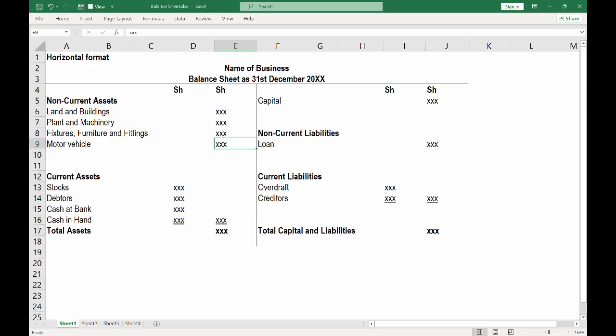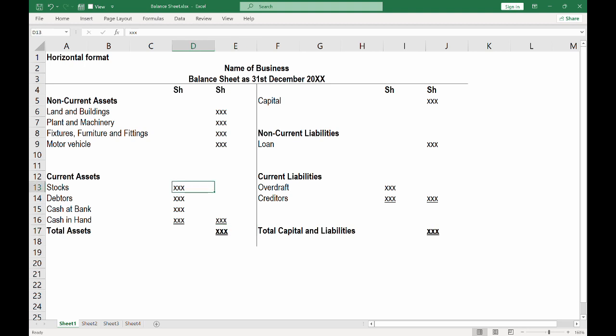Then you have the current assets. You have stocks, debtors, cash at bank, cash in hand. They can be many, so this is just a few. You can also see here the current assets are listed in order of liquidity. Which asset is furthest from being converted into cash?